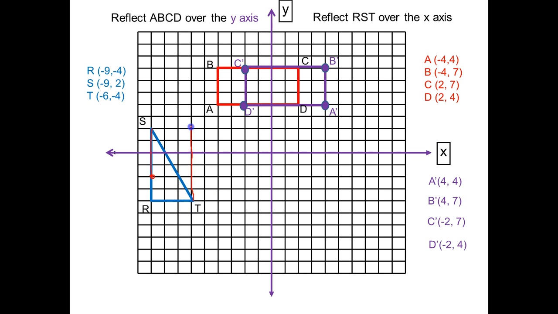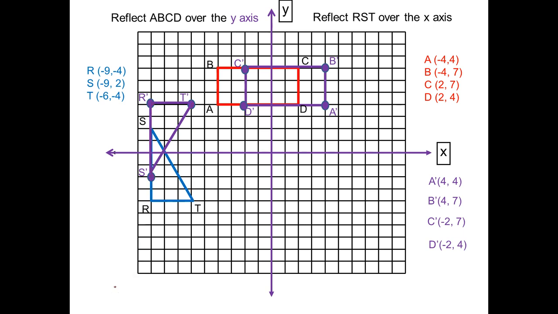So 4 in the opposite direction takes me to my new T. My new R. The original R is 4 away, so the new R is also 4 away. And there's my new R. I can join them together to make my new triangle, R prime, S prime, T prime.